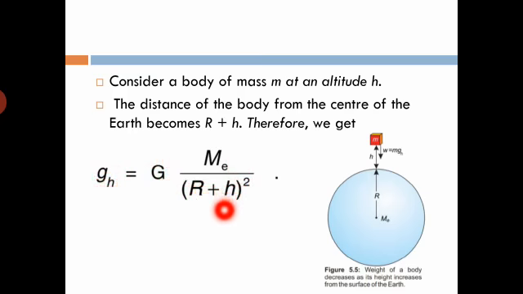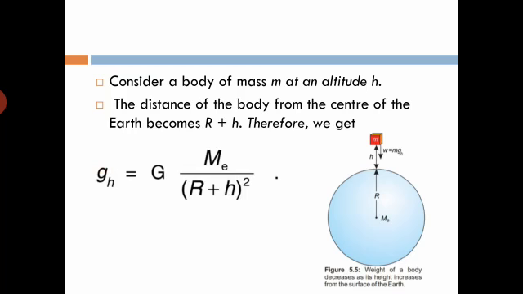If the value of small h decreases, it means the object moves toward the surface of the earth. Its height decreases, altitude decreases, then the value of g becomes greater. This shows that the weight of the body decreases as its height increases from the surface of the earth.